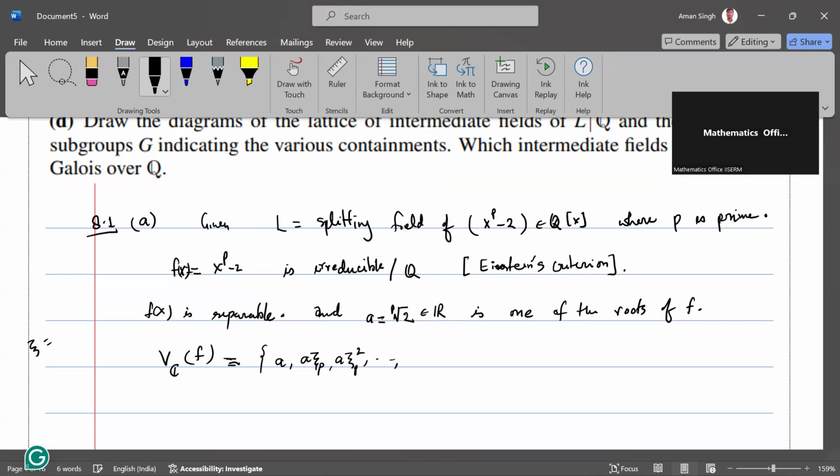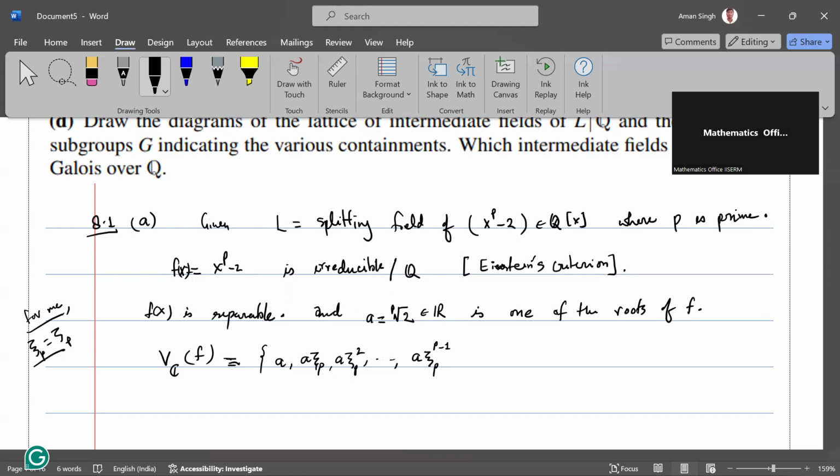For me, zeta is the same as xi. So a, a zeta p, a zeta p squared and so on, up to a zeta p power p minus 1.